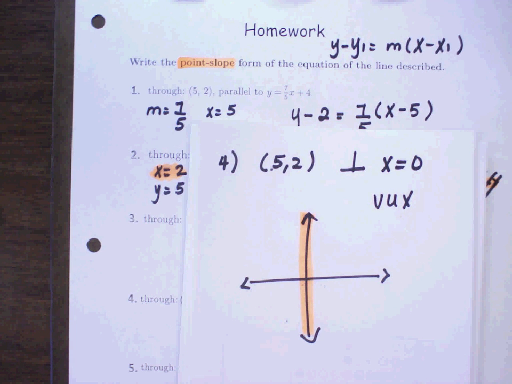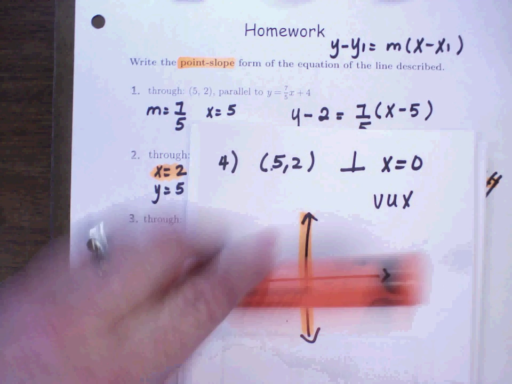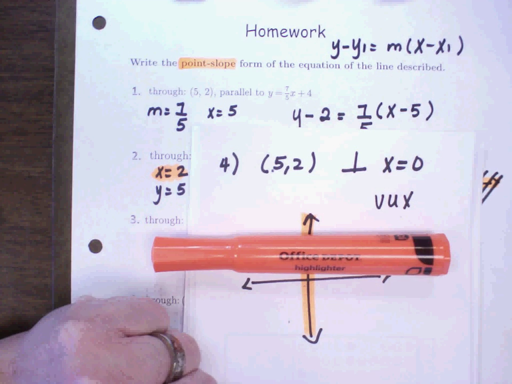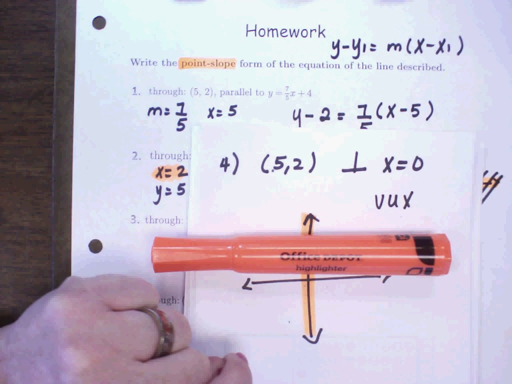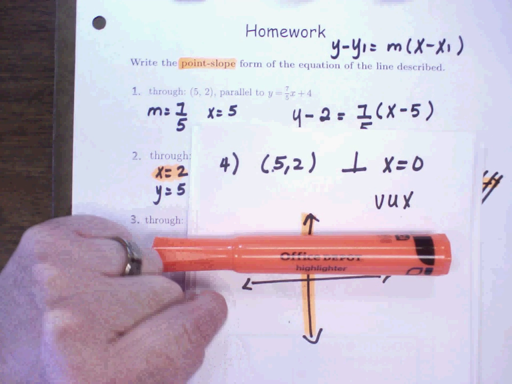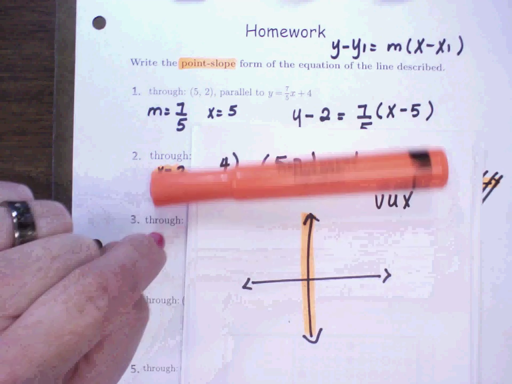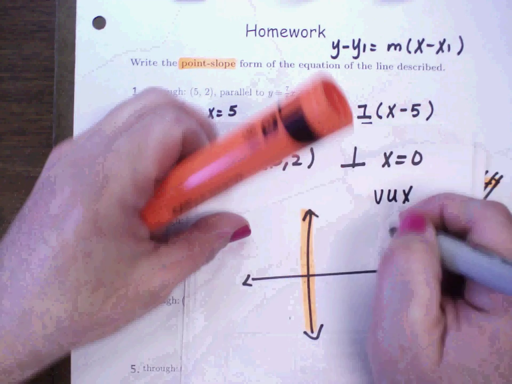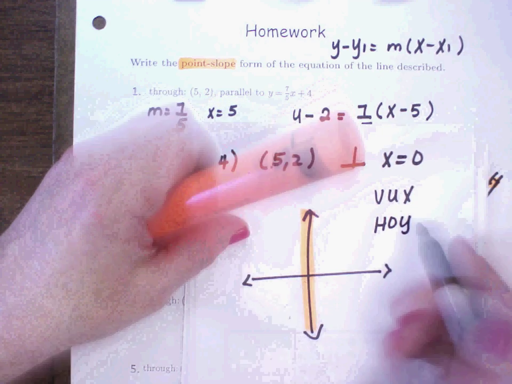I need a horizontal line, so I need to think about Hoy, because I need a line that goes this way so that it can be perpendicular to that one, not parallel. The other one was parallel. This one is perpendicular, so I need to think about Hoy. And what does the cheat sheet say about Hoy?